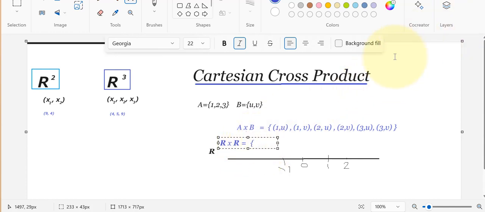So we could imagine all of the different ordered pairs that we would get. Of course, there's going to be an infinite number.